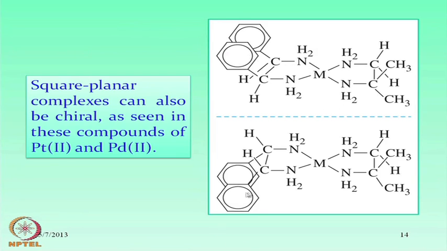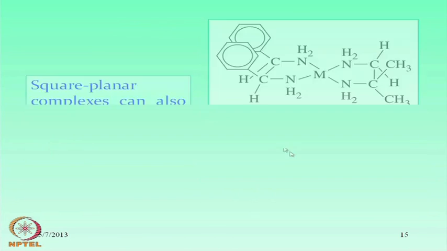The mirror image of that is also the other one, and they are not superimposable on each other. They can also be chiral, provided that we have different orientations of the groups attached to this particular carbon center, related to that of our ethylenediamine molecule.